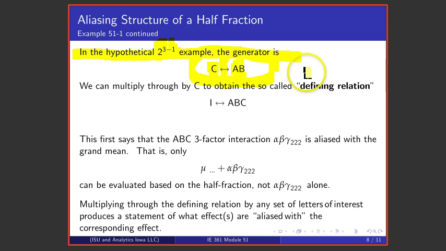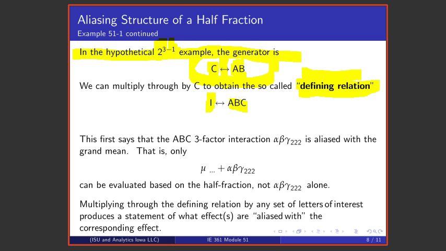If I take that generator and multiply through by the name of the factor that's on the left, I'll have C times C on the left. C times C is I. I'll have A, B, and C on the right. And this is the so-called defining relation for the experimental plan.